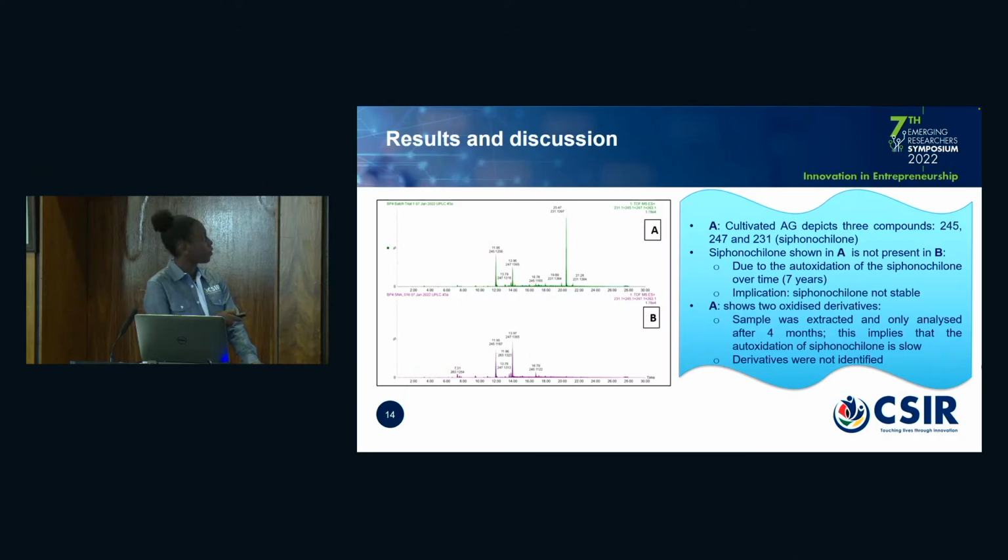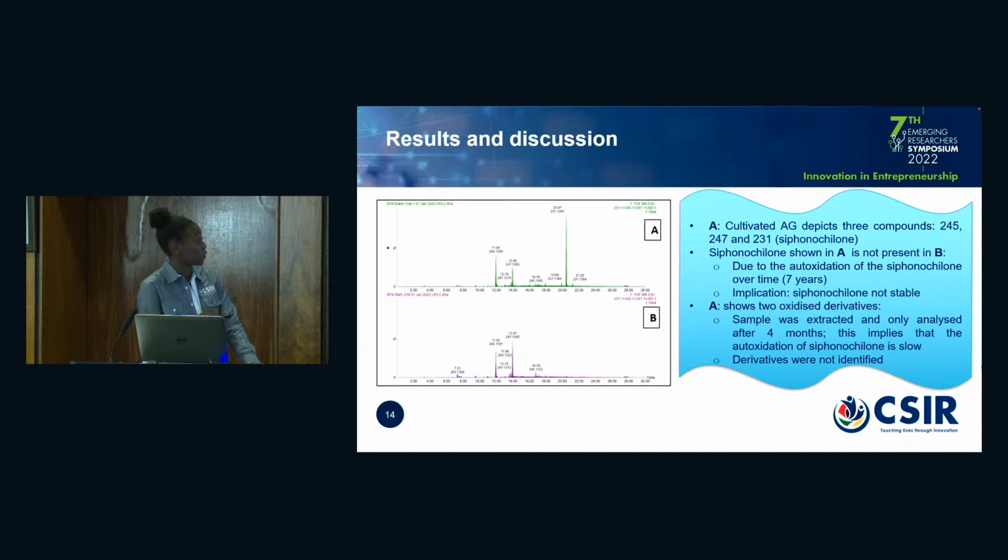So here, the comparison was between the cultivated African ginger chromatogram and the wild harvested African ginger chromatogram, which was recently analyzed from the sample that was stored 7 years ago.